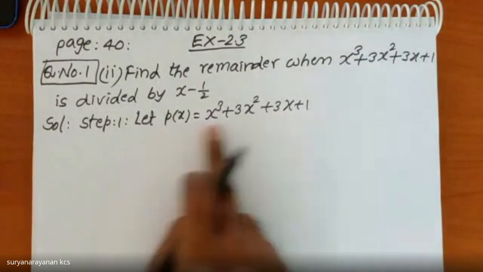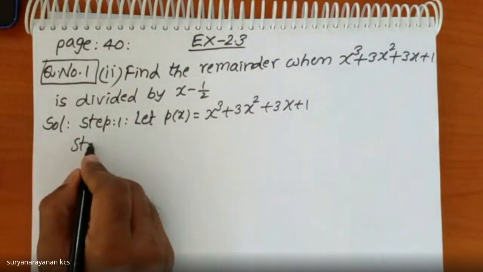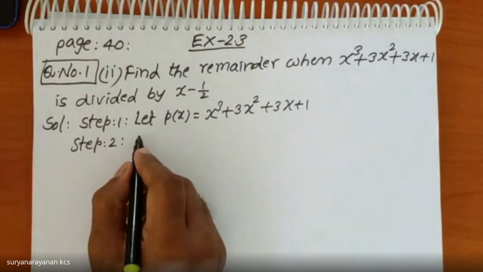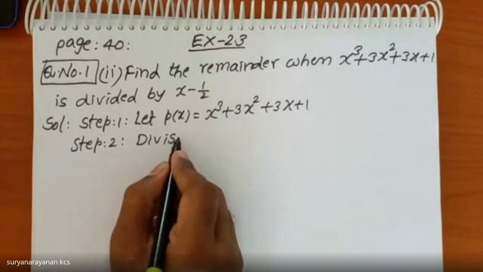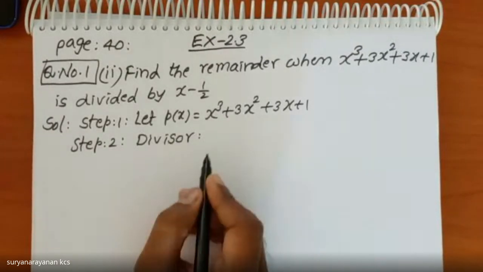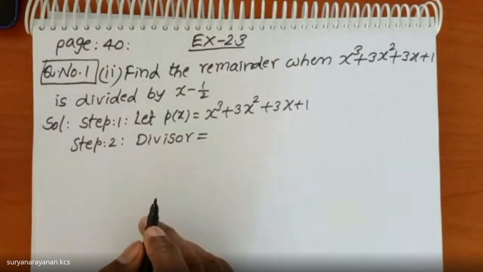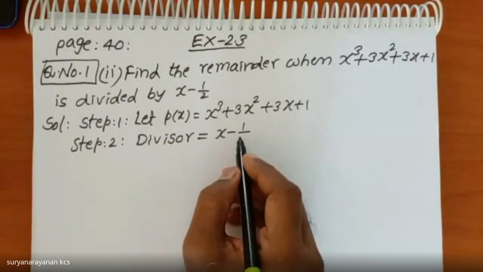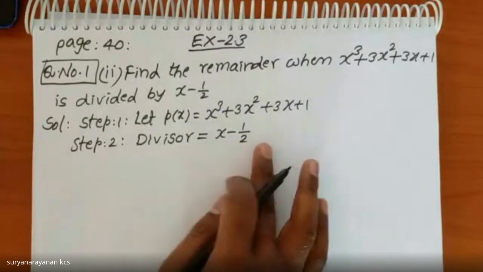This is the first step. What is step 2? In step 2, you have to identify the divisor. What is the divisor here? x minus 1 by 2. Very good, my dear Shanti, x minus 1 by 2.